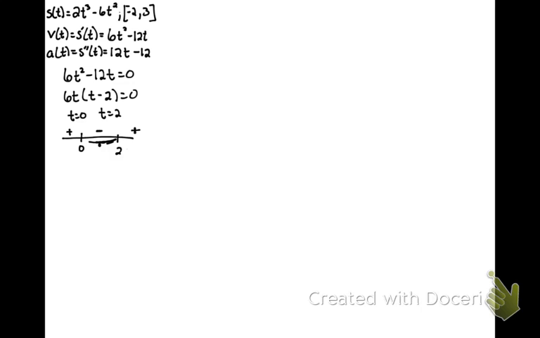If we would consider the acceleration function, when does that equal 0? Well, 12t minus 12 equals 0 when t equals 1. And again, using some sign analysis, we know that at 1 it equals 0.